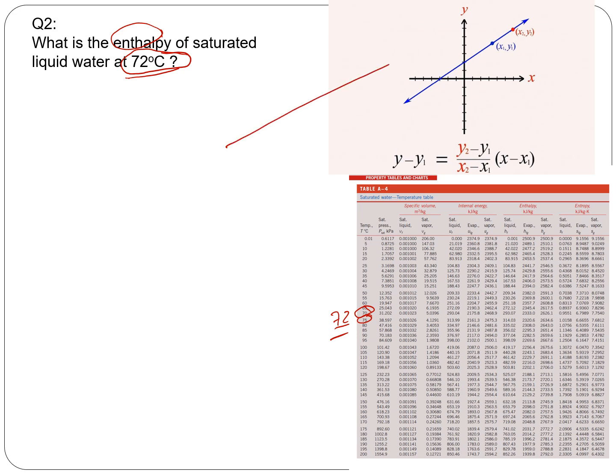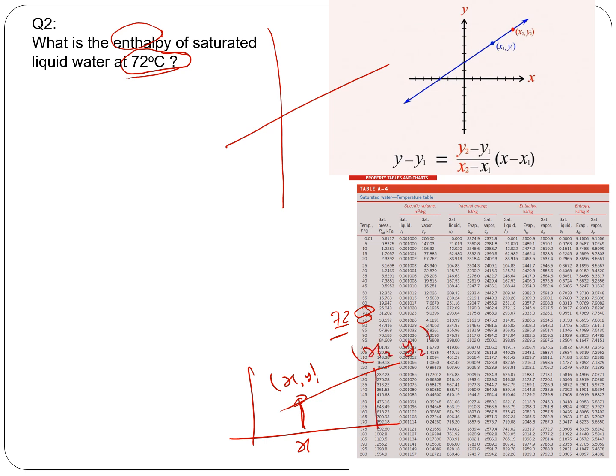It is the same as saying you are given the coordinates x1, y1 and x2, y2, and then you want to find an in-between point x, y. Either x is given or y is given, so it doesn't matter.